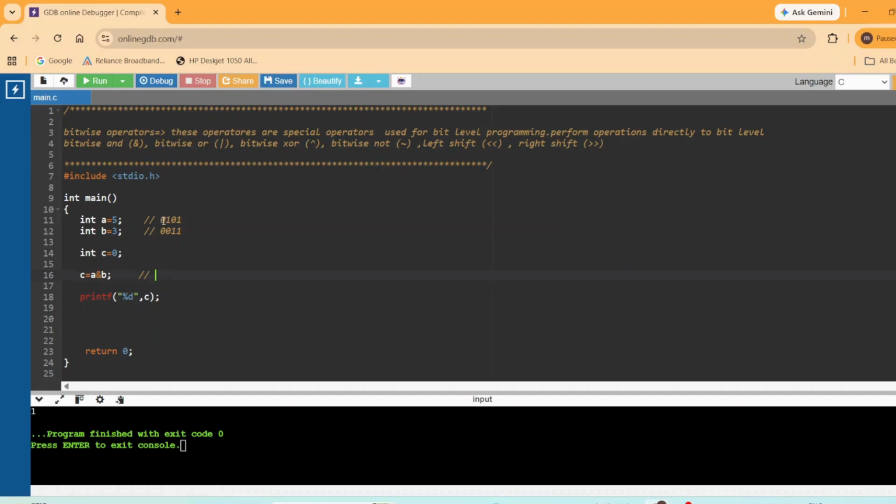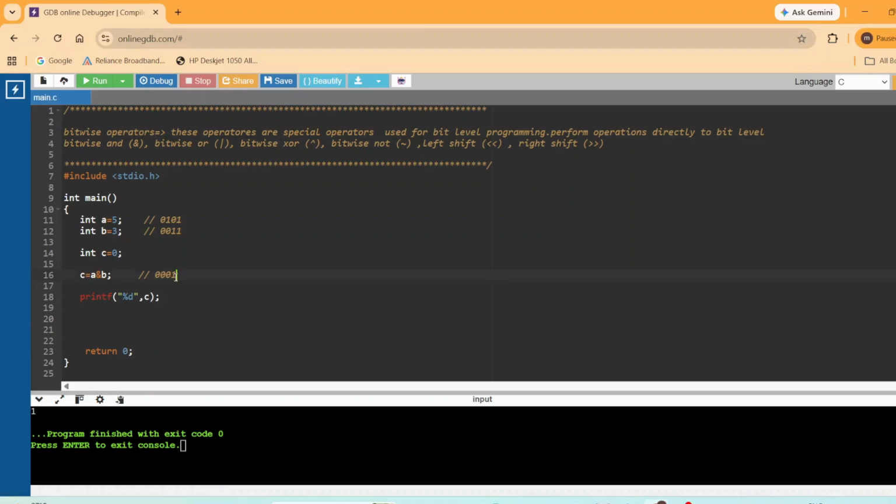So a and b means here 0, 0, then it will come 0. Next is 1, 0, so it will come 0. Next is 0, 1, that also both are not 1, right? So it will come 0. And the last one is 1, 1, so both are 1, so it will come 1. So c equal to a and b means 0, 0, 0, 1.